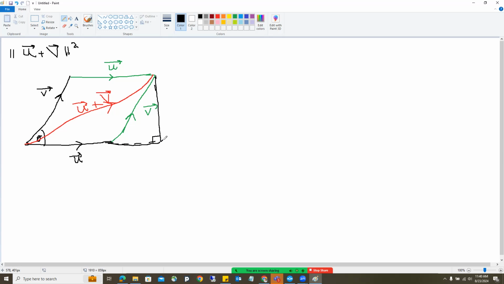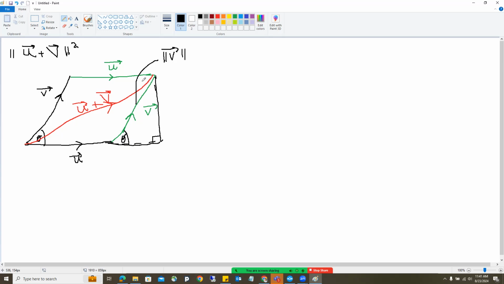So here I'm completing a right angle triangle. This length is the magnitude of vector v. If this angle is theta, this also is theta. Is it clear?